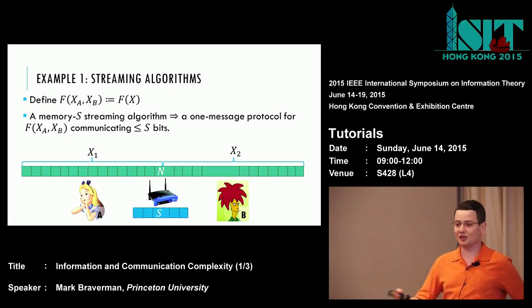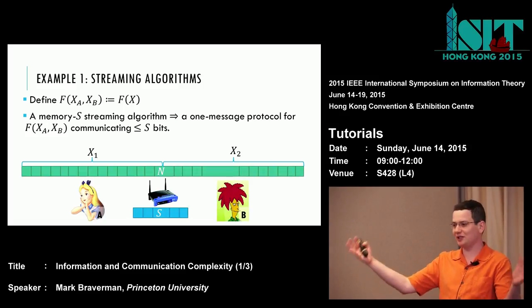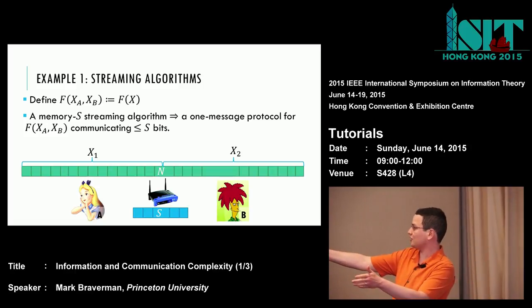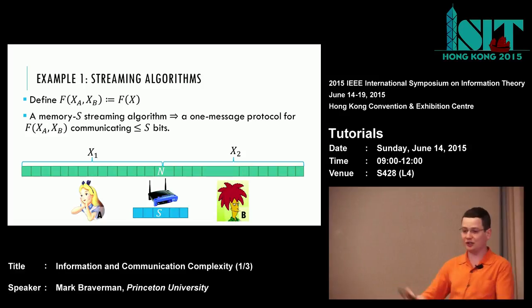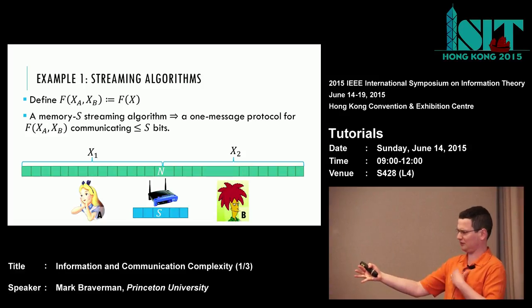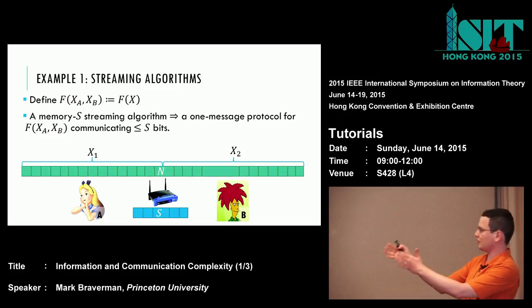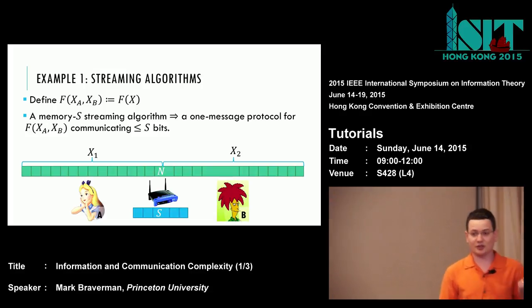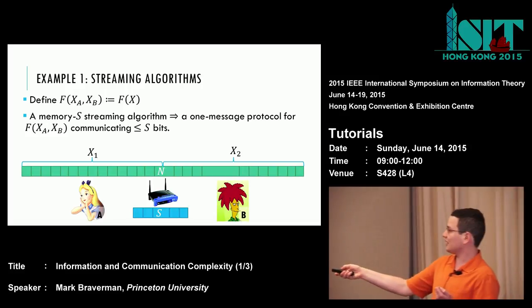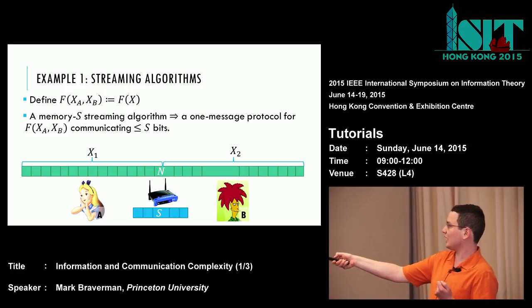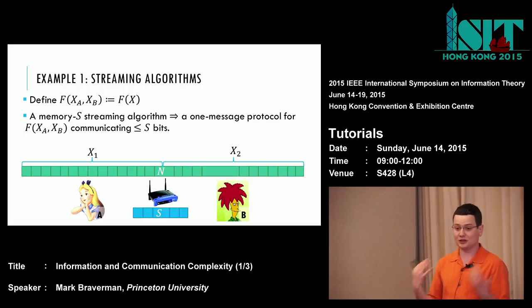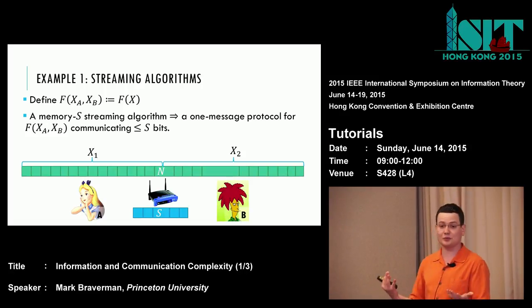Just S, right? So Alice will do the first part by herself. She doesn't need to communicate at all. Then here she needs to pass the baton to Bob. She'll just send the contents of the memory to Bob, and Bob will continue from there on. So this means that if you have a memory S streaming algorithm, you get a one-message protocol that uses S bits of communication to compute f.